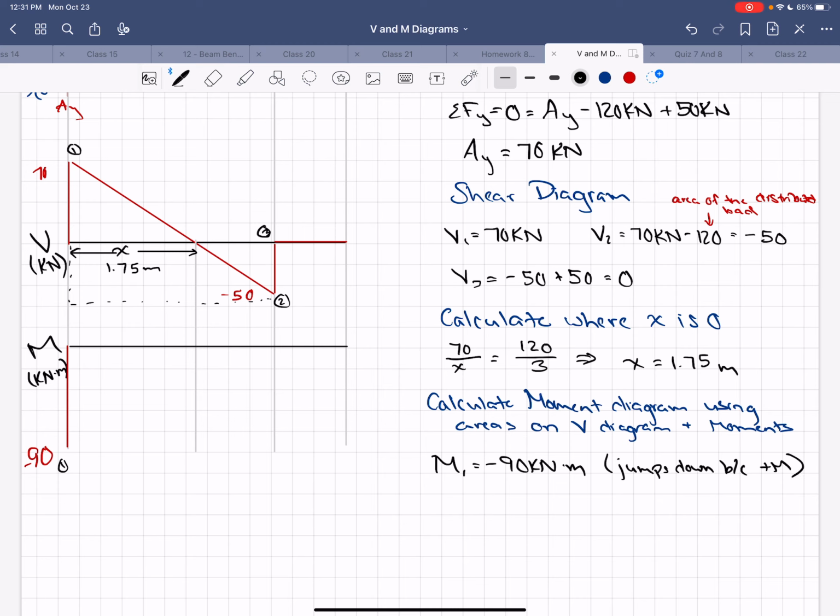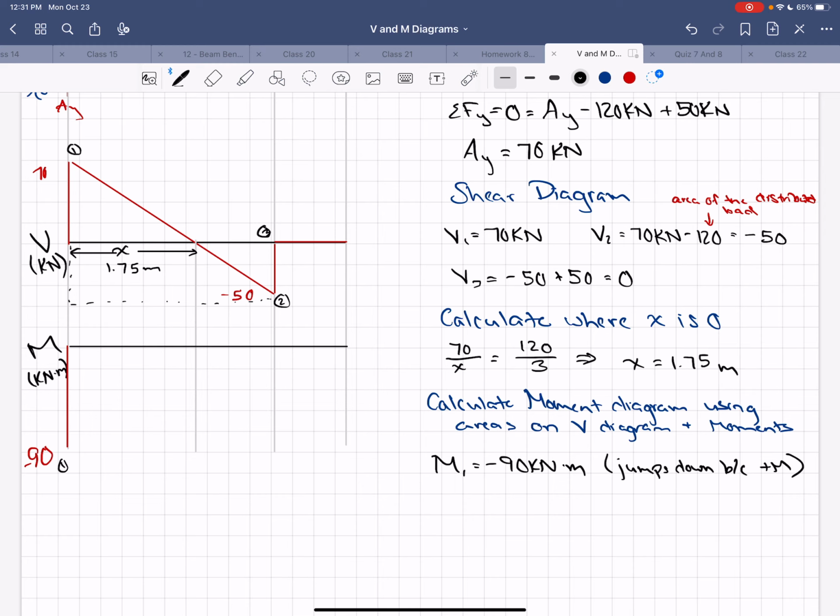Alright, so then to find out what the moment is at this point, we need to know the area of this section, because then we can take our current moment minus this area, and that will be the moment here. And this area is positive, so we will add it to our negative 90.